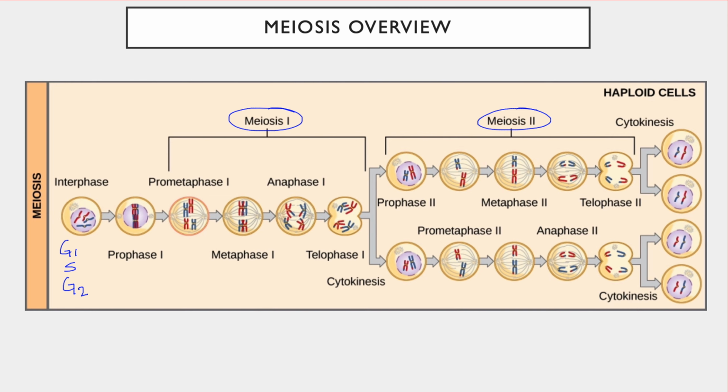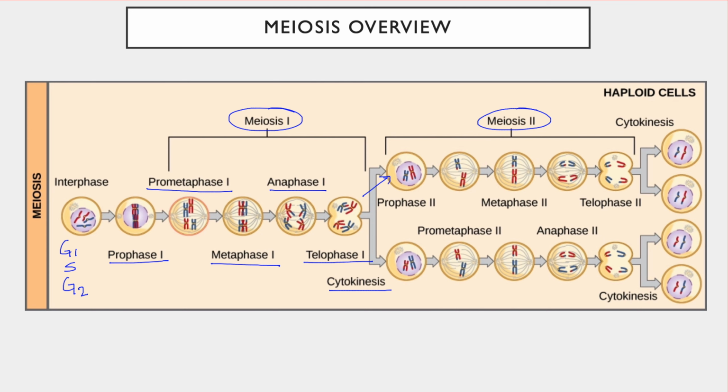These stages are both broken up into individual substages, the first being prophase 1, then prometaphase 1, metaphase 1, anaphase 1, and telophase 1. At the end of telophase, cytokinesis occurs and creates two cells.